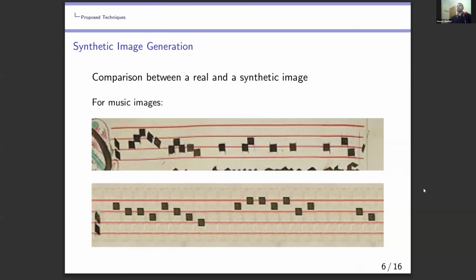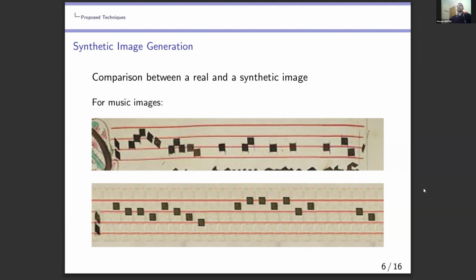And for the musical images, we can see that these differences are also present here. As we can see on the original image, on top we can see the lyrical line that's under it, but the idea is to find images that are similar in style to the original images.